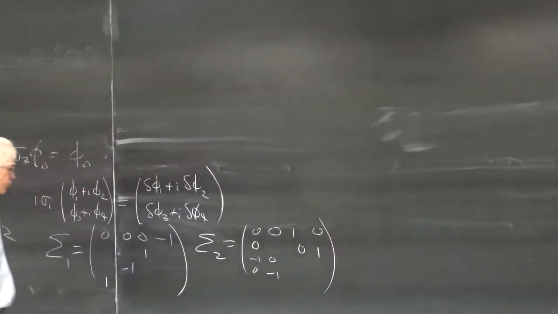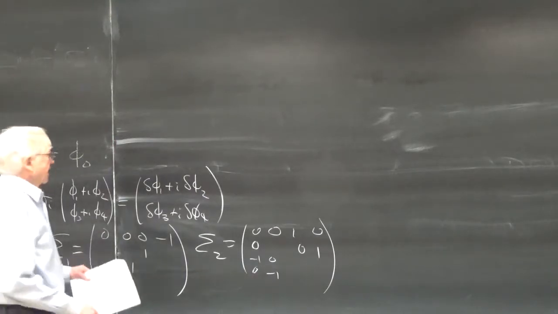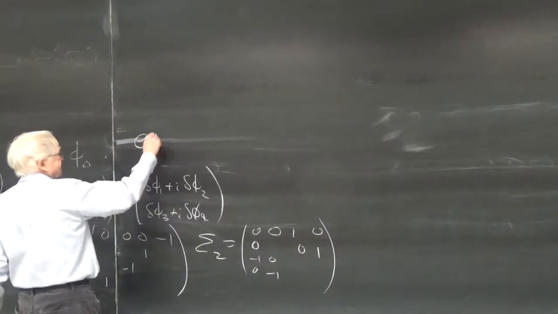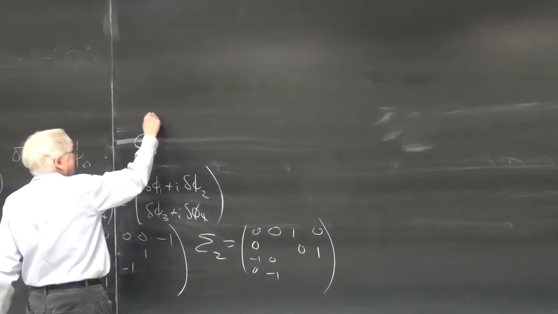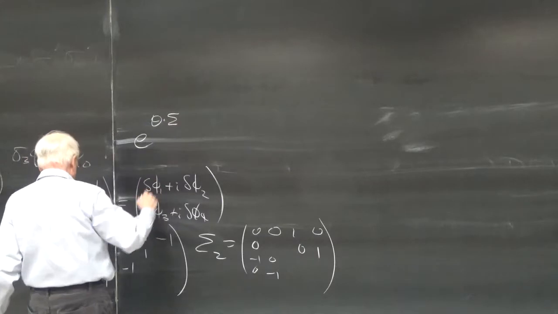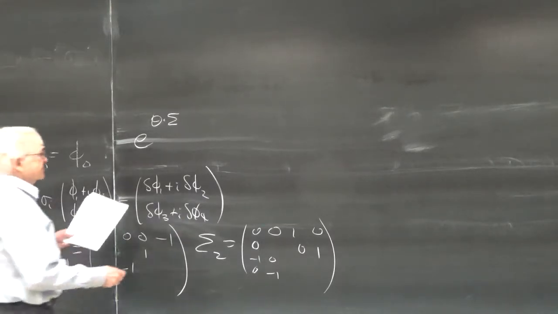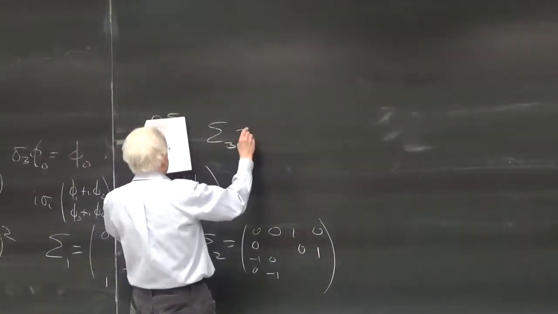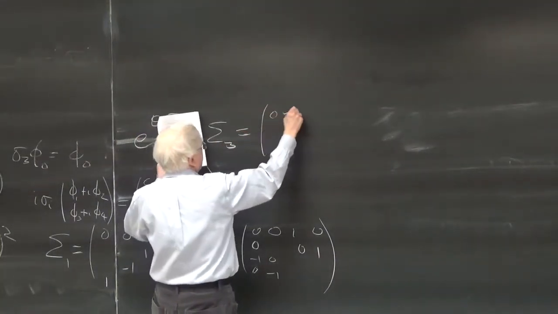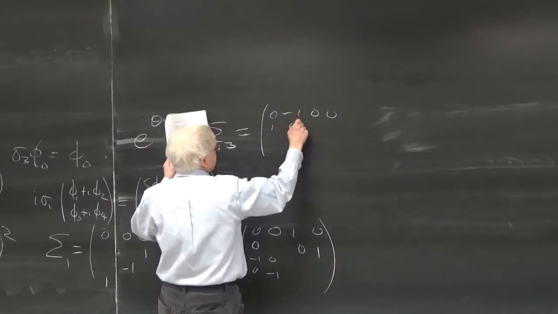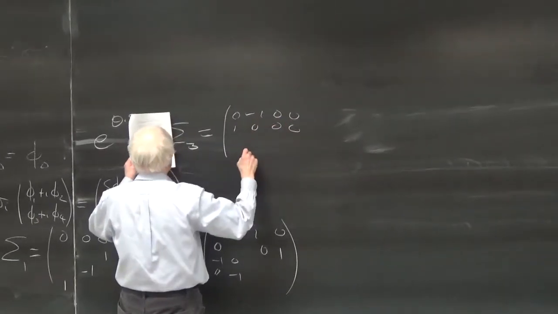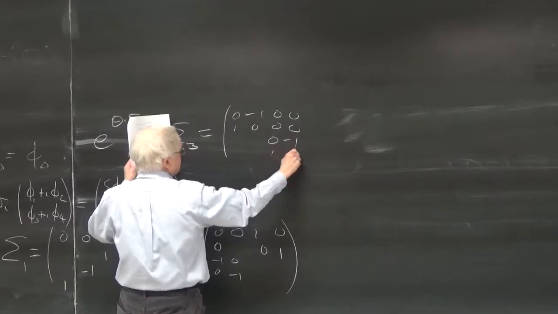What you can see is that they're real and anti-symmetric, and that corresponds to e to the theta dot sigma being a 4x4 real representation of SU2. Sigma 3, it turns out, is 0, minus 1, 0, 0, 1, 0, 0, 0, and then 0, minus 1, 1, 0.